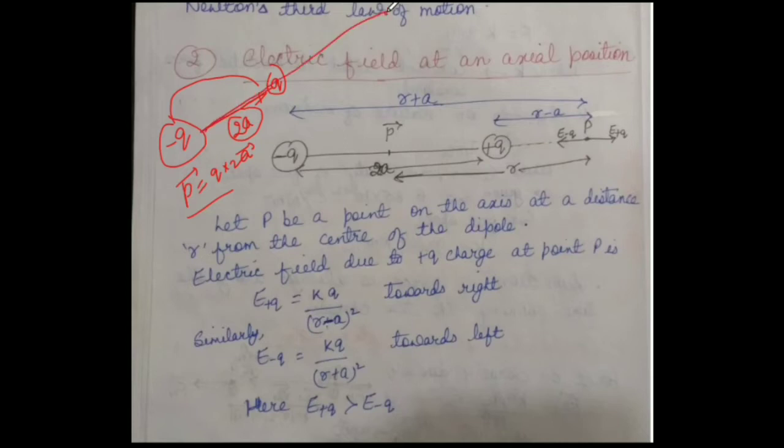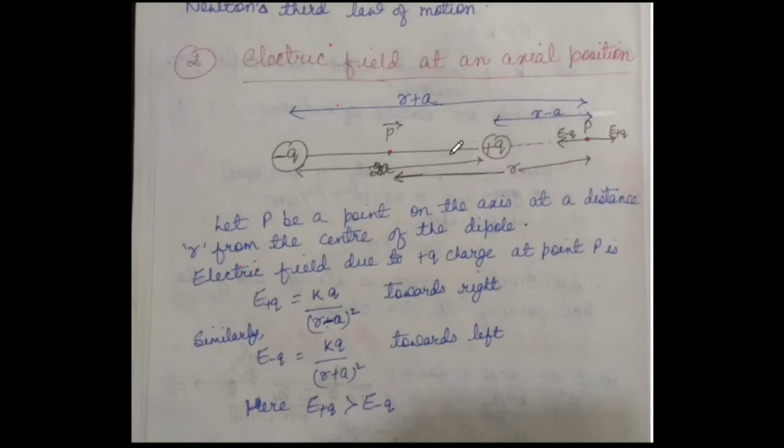At any point along the axis you have to find the electric field. And what is equatorial? It is the perpendicular bisector of this dipole. This is the dipole plus q minus q, and the perpendicular bisector is this one. So this point, this point, this point are all equatorial positions, right? You have to find the electric field at these two positions. So first I am going to derive the electric field intensity at an axial position.